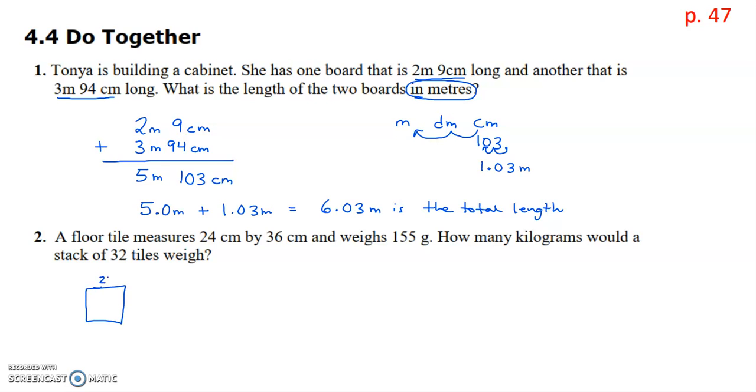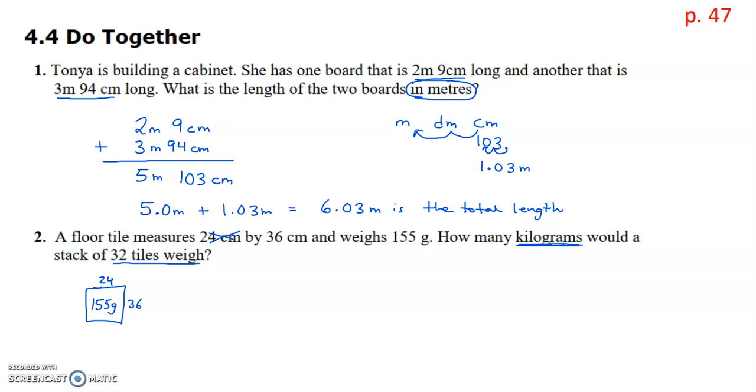So I'm just going to label this, and weighs 155 grams. How many kilograms would a stack of 32 tiles weigh? Okay, well, one of them is 155 grams, and the question is asking for kilograms. So the fact that this tile is 24 centimeters by 36 centimeters is actually not important at all.